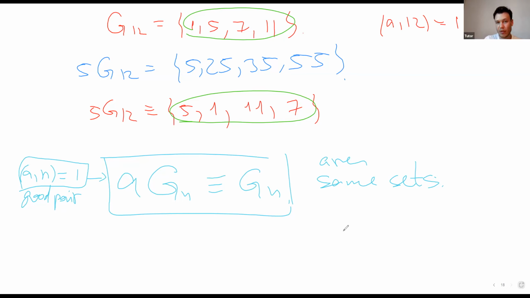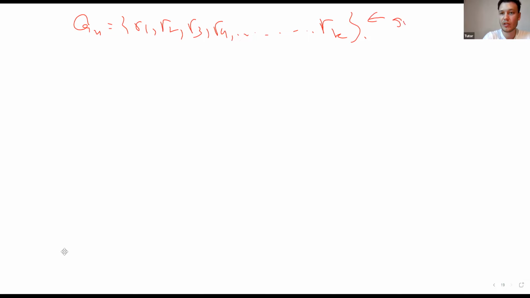If I look at Gn, let's write down all the good remainders mod n. Let's say Gn is equal to R1, R2, R3, R4, all the way until Rk. These are good remainders mod n.